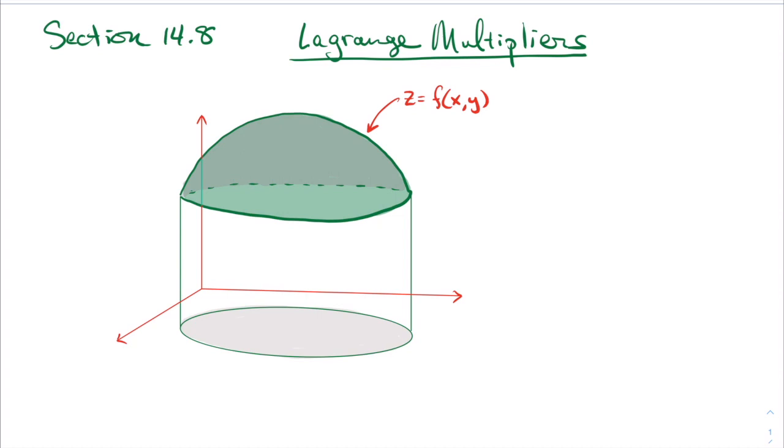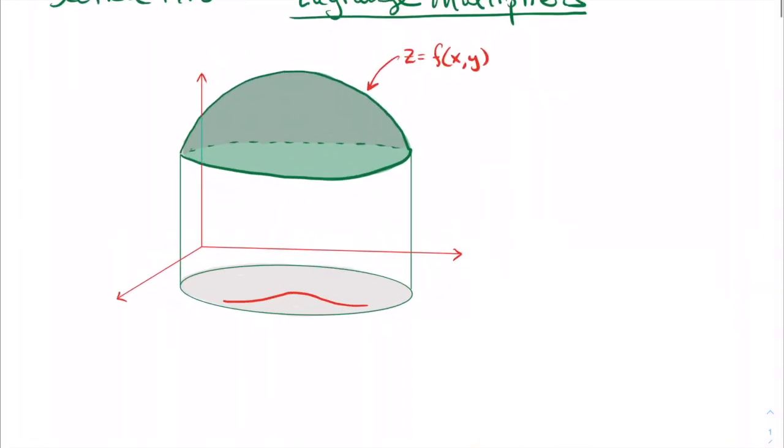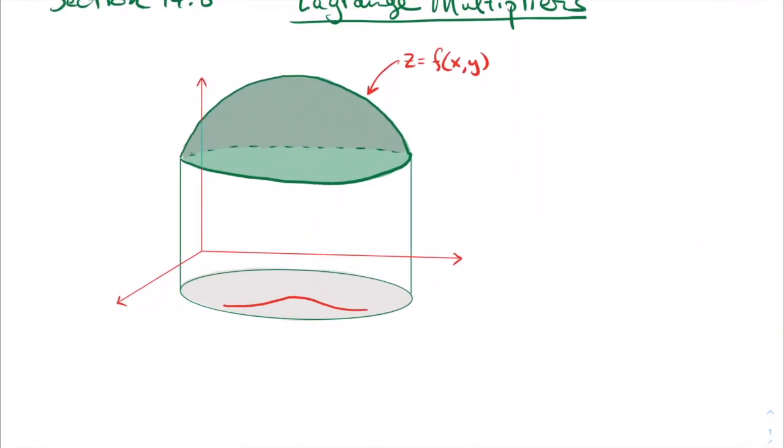What we're going to do is constrain points x and y to some curve. So I'm going to grab a curve and put it down in the xy plane. That curve is going to be defined implicitly.